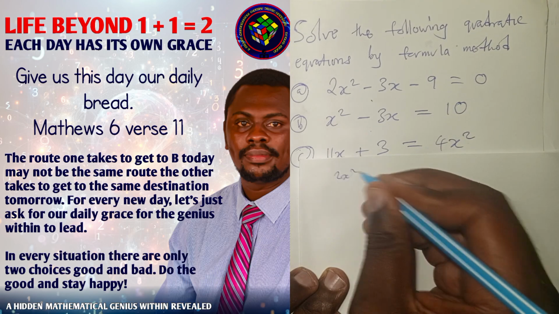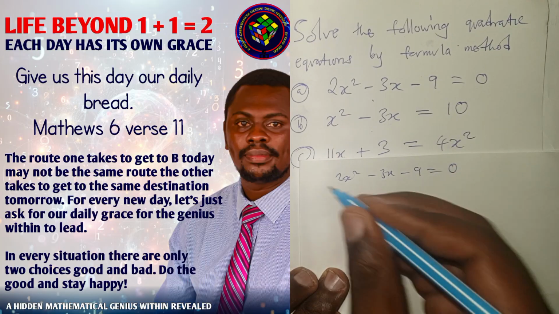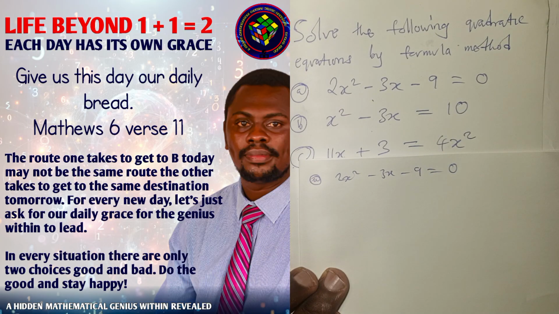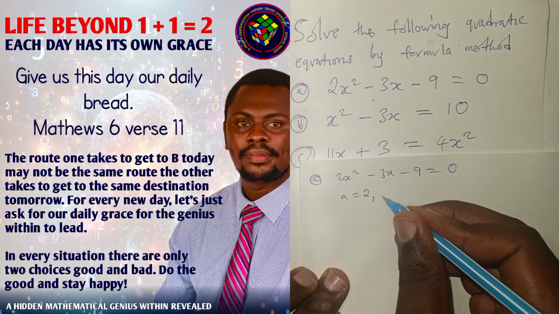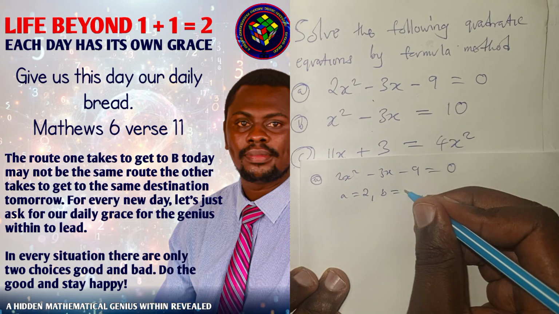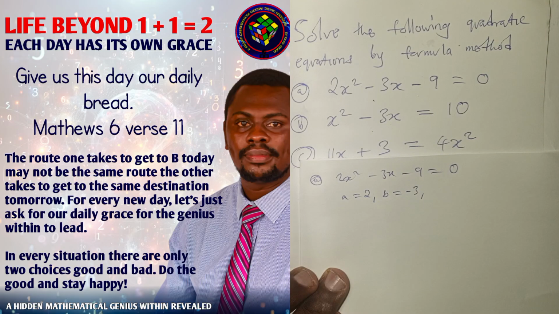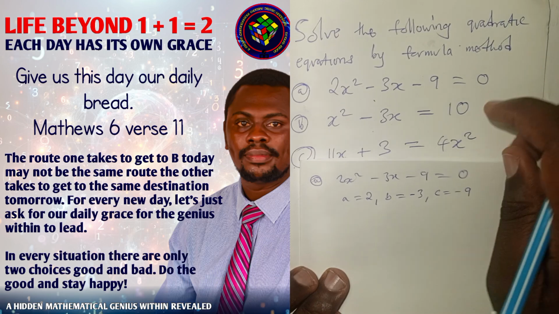So first thing, we determine the values. a is the coefficient of x squared, and in this case it is 2. b is the coefficient of x, and in this case it is minus 3. And c, that is the term independent of x, is minus 9.